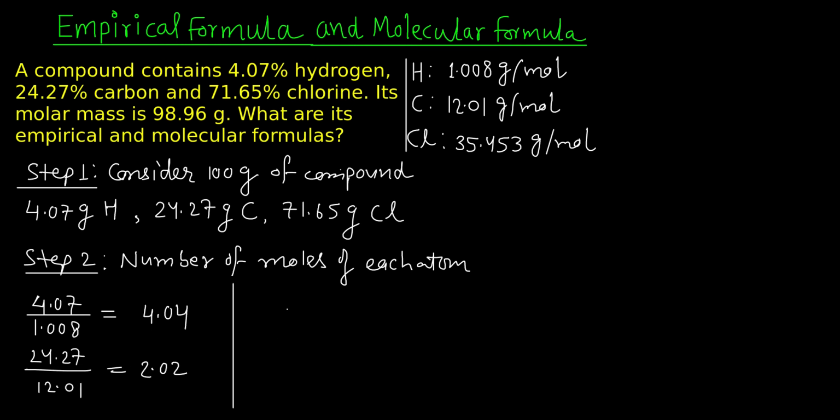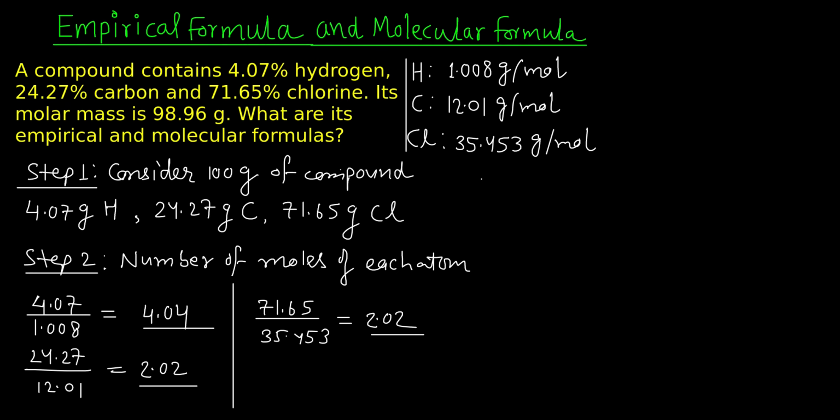And the third one is 71.65 gram chlorine and its atomic mass is 35.453. If you solve this, 2.02 will come again. So now we have the number of moles of each atom in that 100 gram of compound.